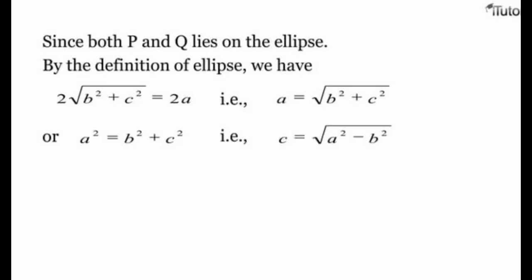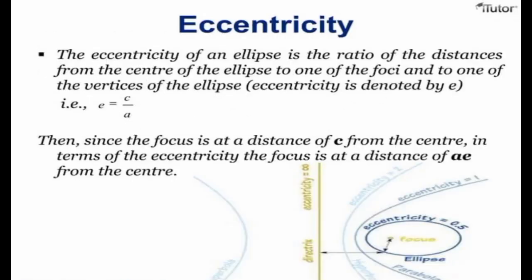Since both P and Q lie on the ellipse, by the definition of an ellipse we have 2 times the square root of b squared plus c squared equals 2a. So a is equal to the square root of b squared plus c squared, or a squared is equal to b squared plus c squared. Hence c is equal to the square root of a squared minus b squared.